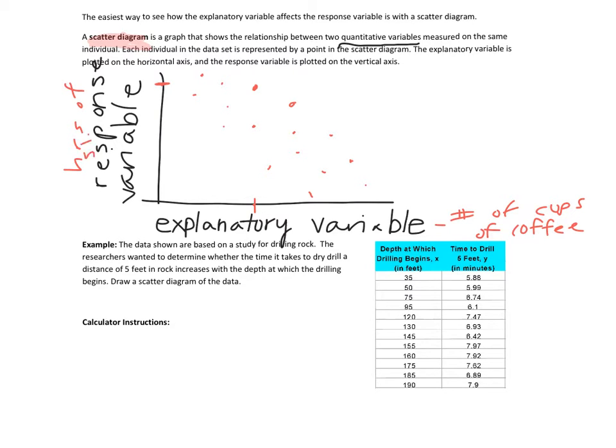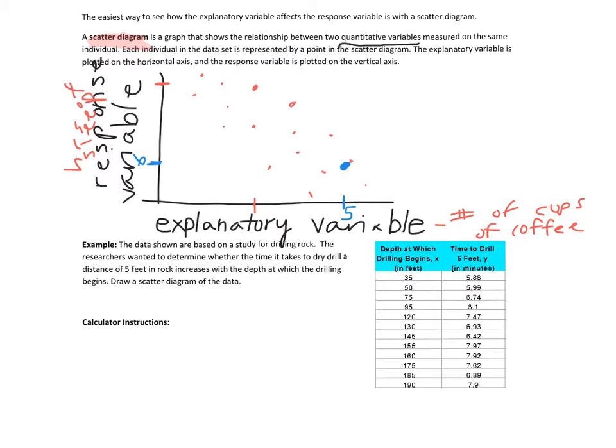This would be per individual. So let's say we had some sort of sample. I'll do these little dots in blue. Let's say someone had 5 cups of coffee, and then that night they were up all night, so they didn't get a lot of sleep. Let's say they got 6 hours of sleep. And so then we would plot that blue point.